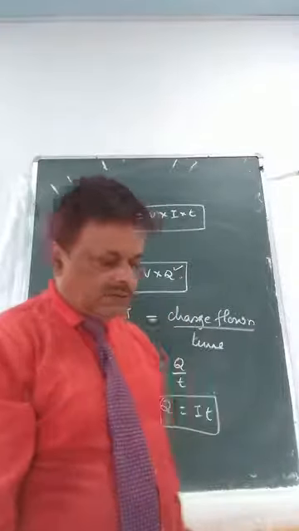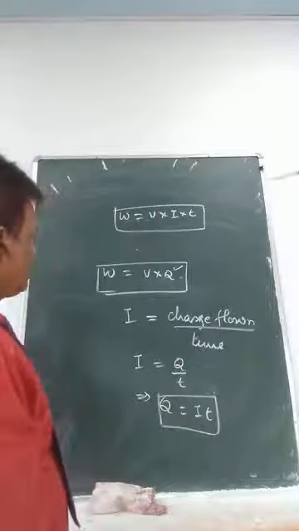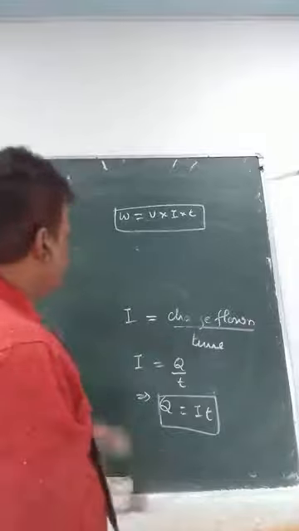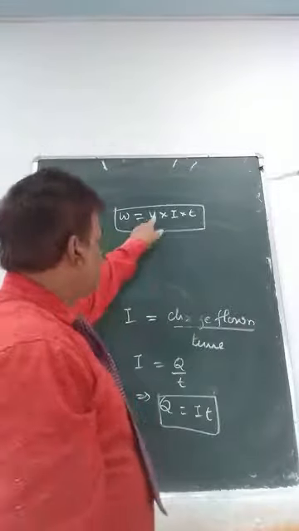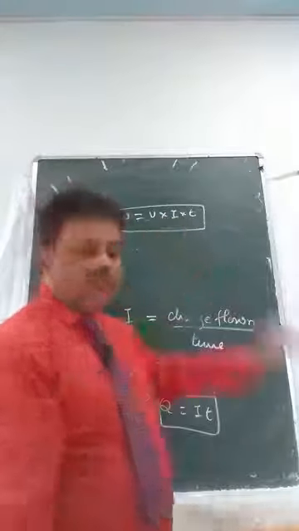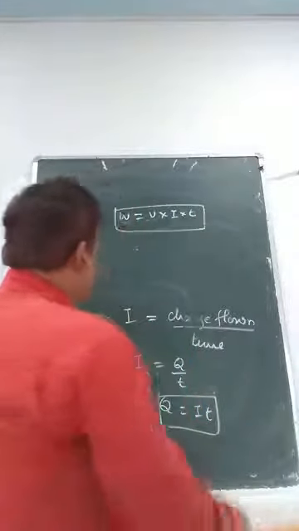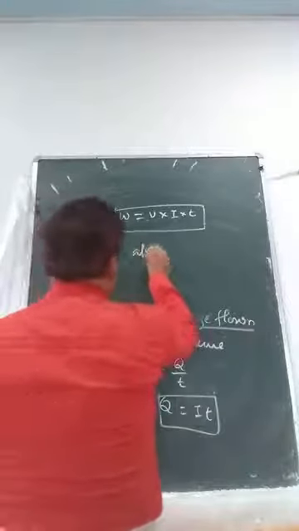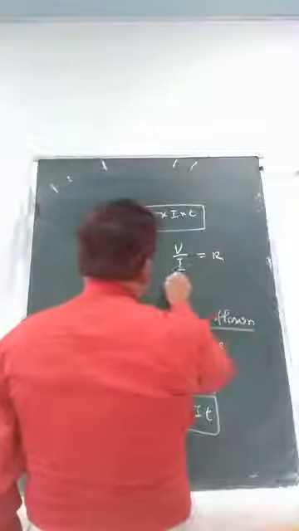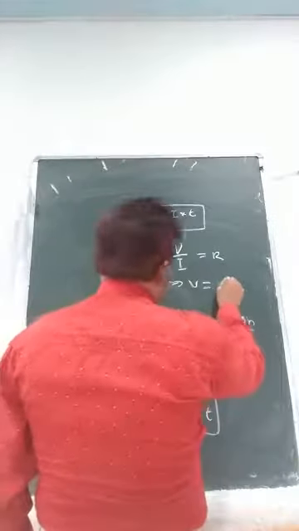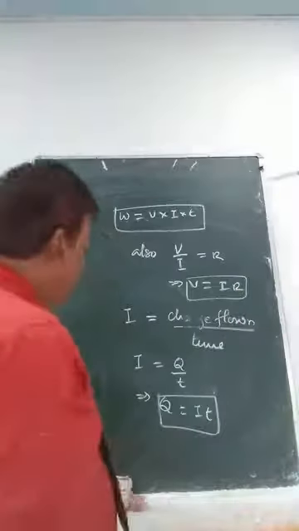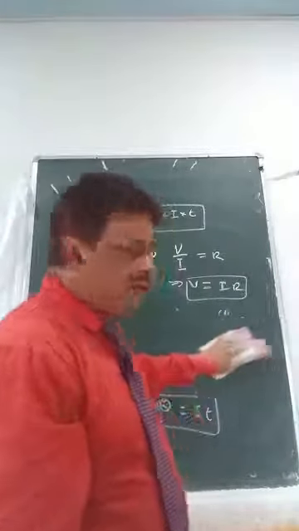Okay. Also, you can put another formula on this. If you are asked to find the work done, and the potential, current and time are given, VIT is given, you can find the work done. Or suppose also V by I equals R implies V equals IR. This is also a formula. There are so many formulas. You have to make a chart and learn it.